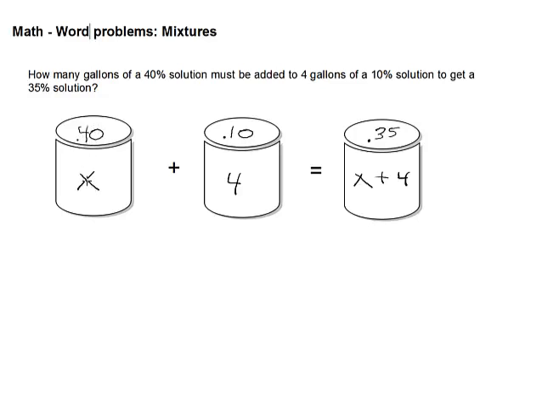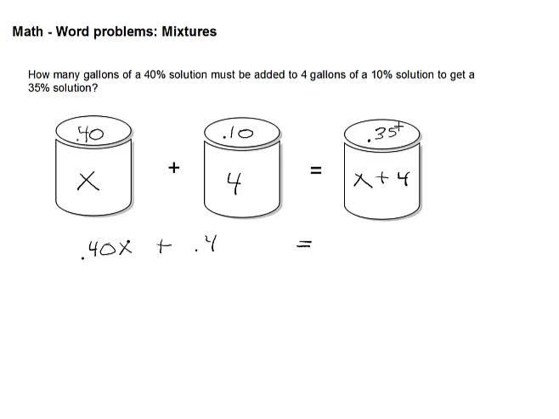So 0.40 times X would give us 0.40X, and we bring down the plus, and 0.10 times 4 would give us 0.4, and then again bring down your equal sign.